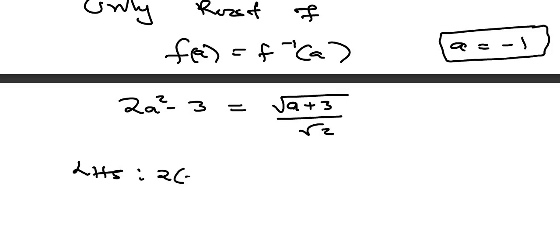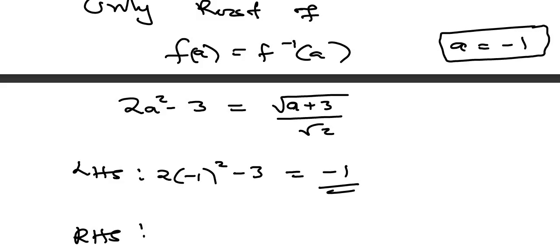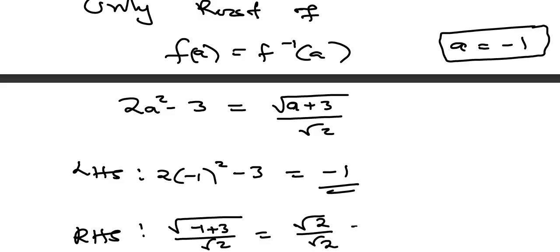If we put negative 1 squared minus 3, this will end up being that. Then the right hand side, if we were to check this, this is the root of negative 1 plus 3 over root of 2. So this is going to be equal to root of 2 over root of 2.